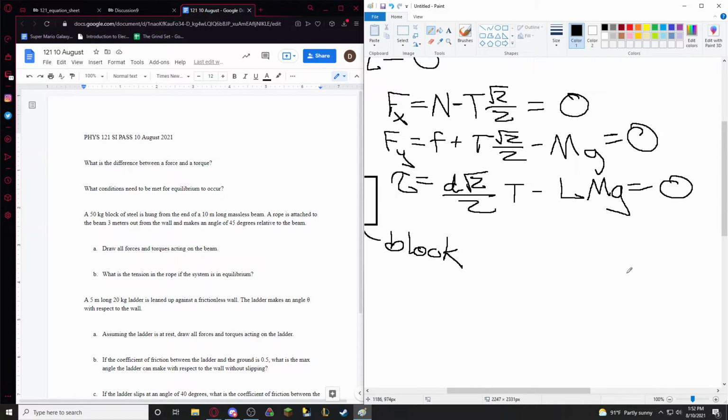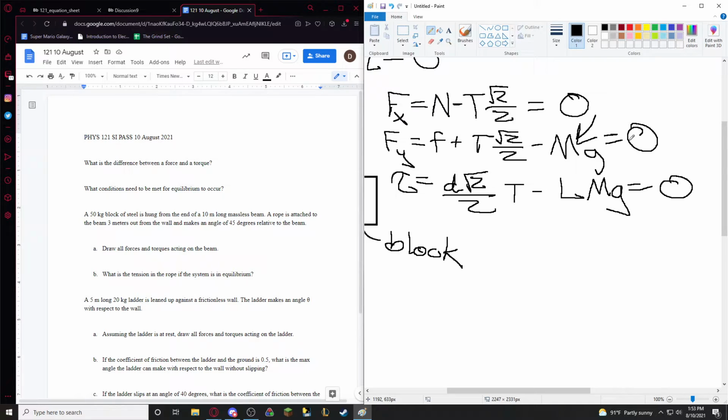Is this enough information to solve for our tension? Yes. Why is it enough? How many unknowns do we have here? We know what M is. We have 2 unknowns. What are they?